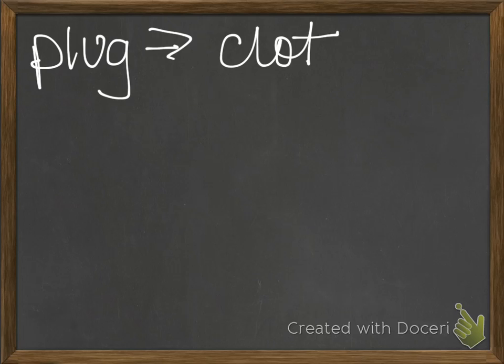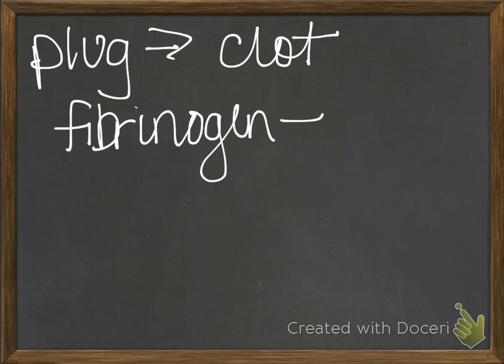And this all happens as our coagulation pathway is activated, and we have fibrinogen that turns into fibrin and makes this mesh work. If you think about fibrin as fibers in fabric, it makes this mesh work and acts as a cement for the platelets and all of these other components, and ultimately helps with that clot.